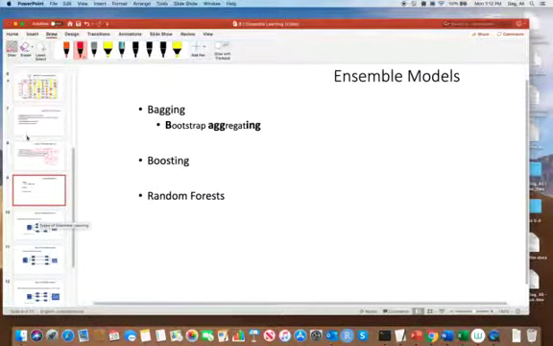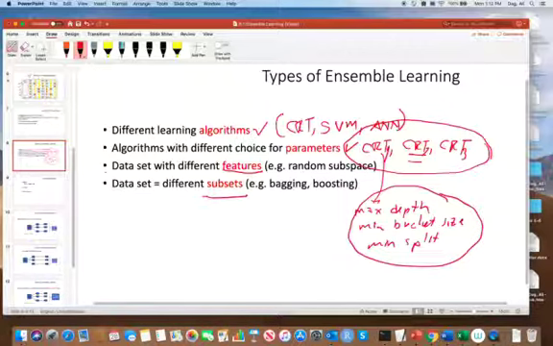But for your information, there are 4 types of building ensemble learning. 1, different learning algorithms. 2, different choice of parameters with the same algorithm. 3, for the same data set, you don't want to use every feature, every single variable. You want to use maybe 2 out of these 3 variables, but you are randomly choosing them.